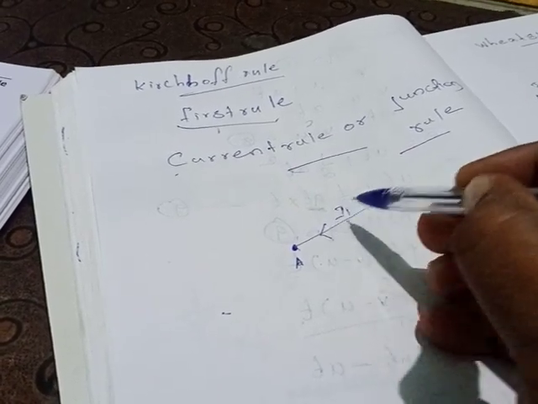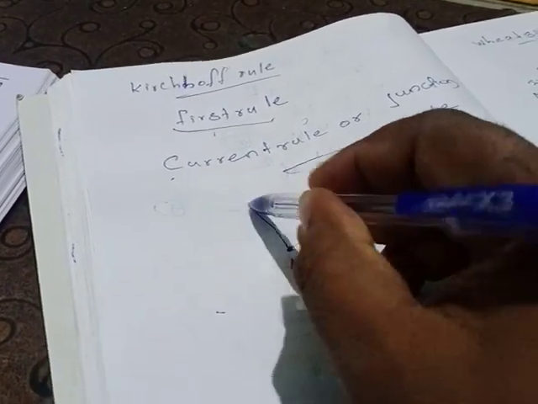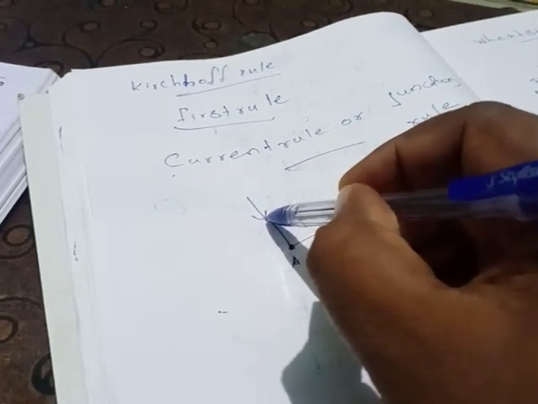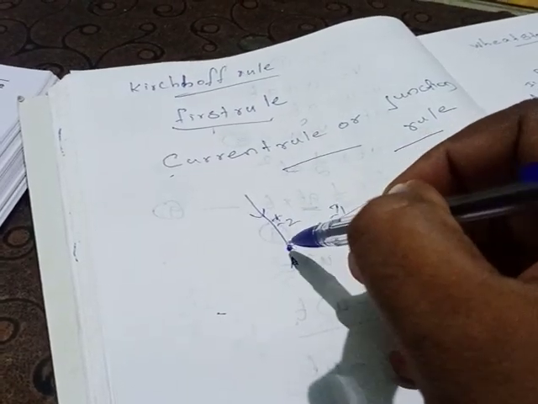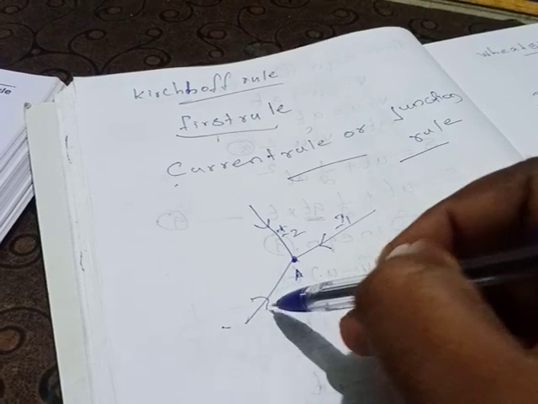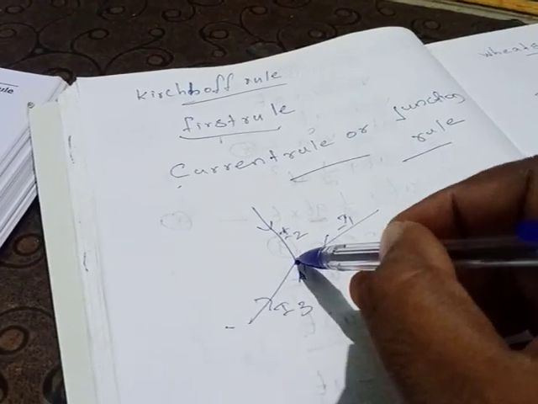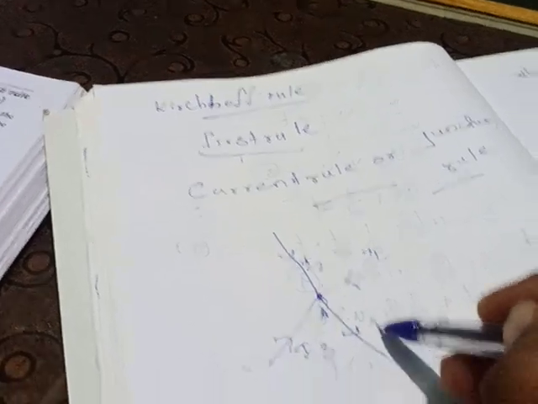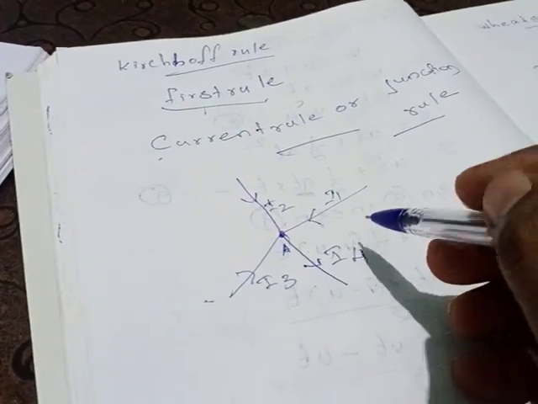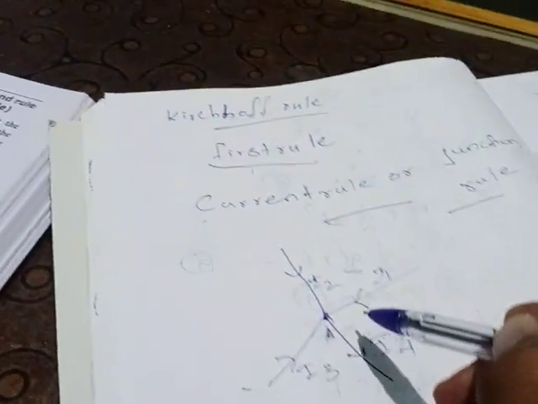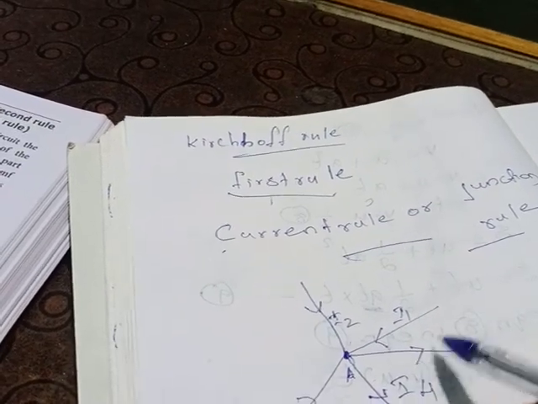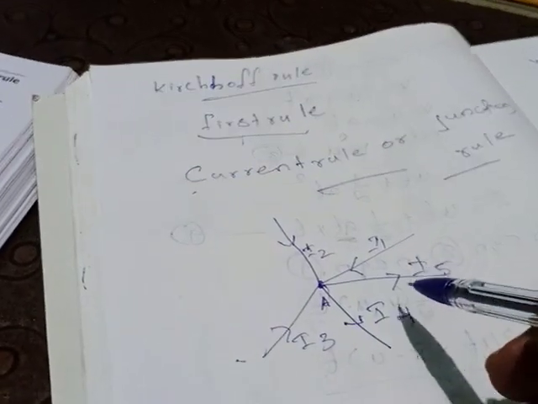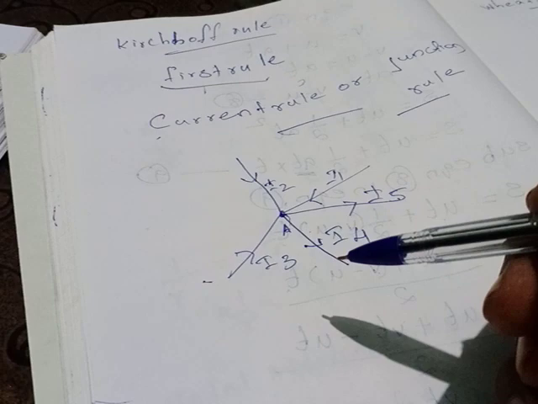So you can keep I1, another current I2, current I3, current I4, current I5. This is what Kirchhoff said.